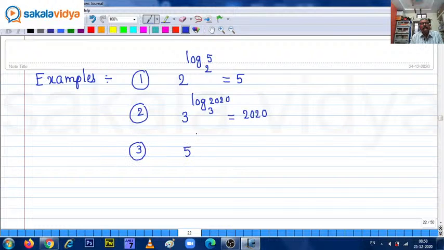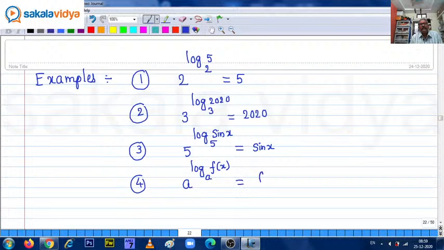Then 5 to the power of log sin x to the base 5, you can write sin x. Fourth one, a to the power of log f of x to the base a, you can write f of x.